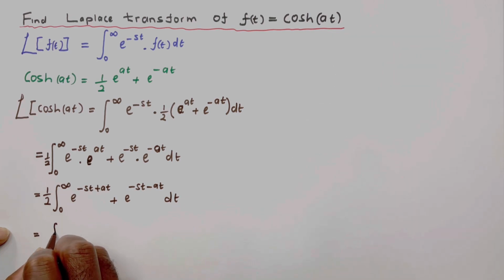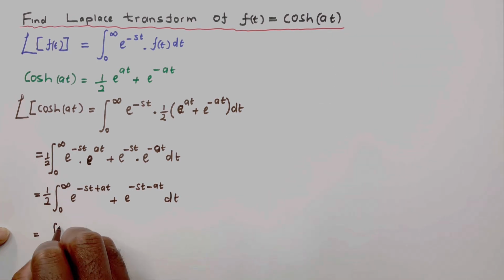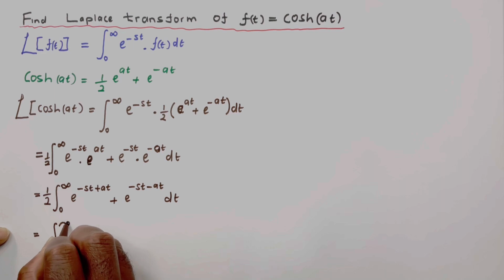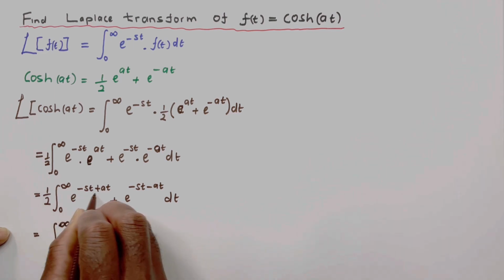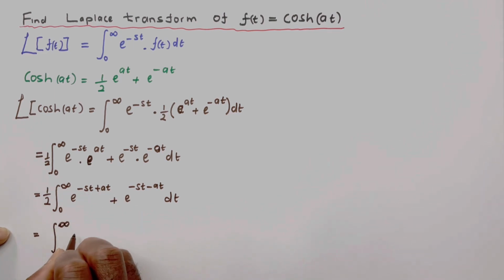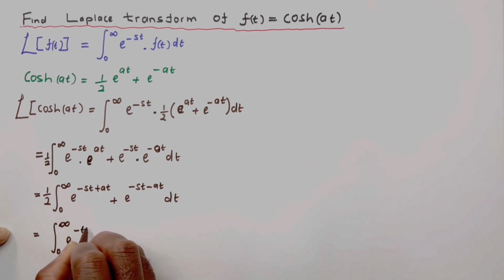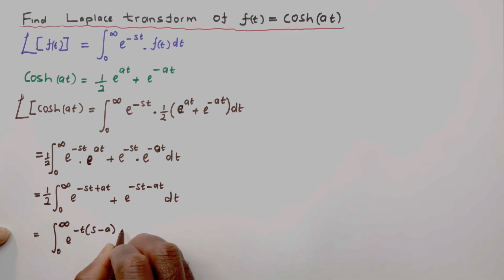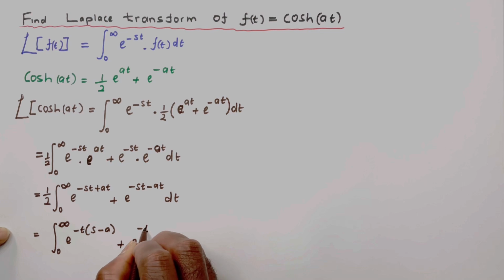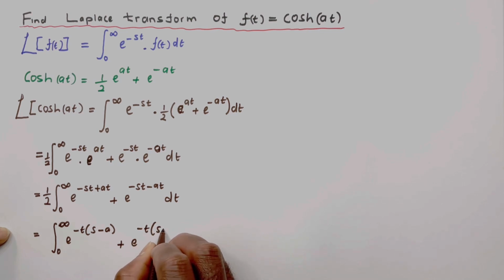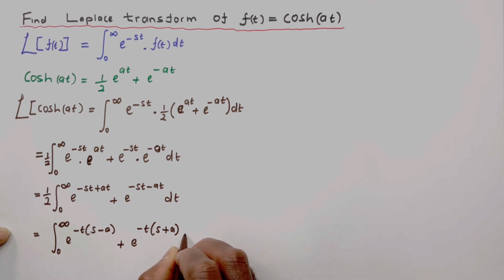And that will be equal to the integral from 0 to infinity of e to the power minus t open bracket s minus a, we're taking minus t out in both cases, plus e to the power minus t open bracket s plus a, dt.